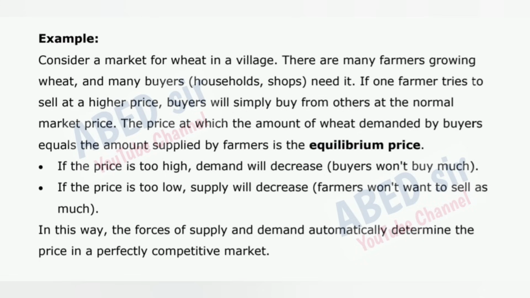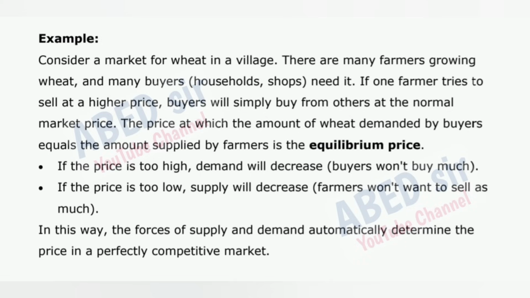Example. Consider a market for wheat in a village. There are many farmers growing wheat, and many buyers, households, shops need it. If one farmer tries to sell at a higher price, buyers will simply buy from others at the normal market price. The price at which the amount of wheat demanded by buyers equals the amount supplied by farmers is the equilibrium price.